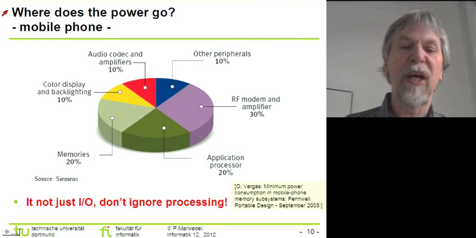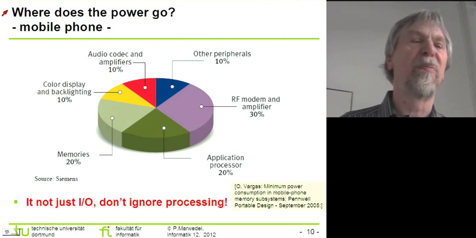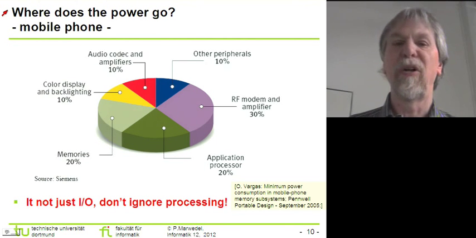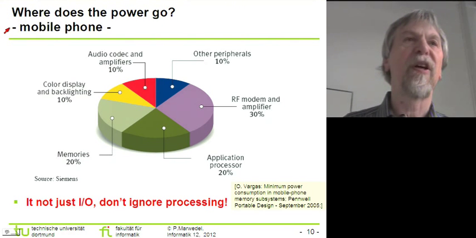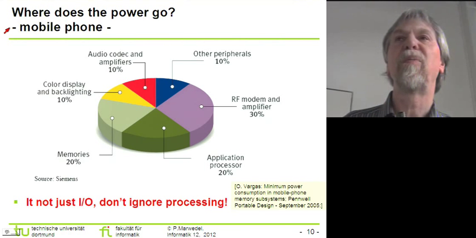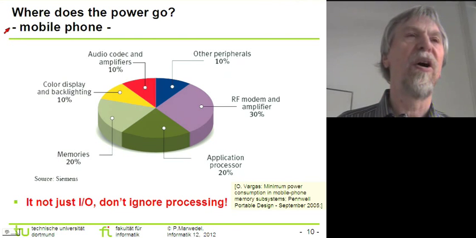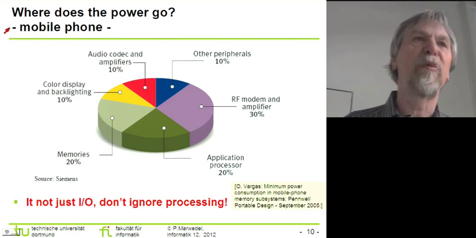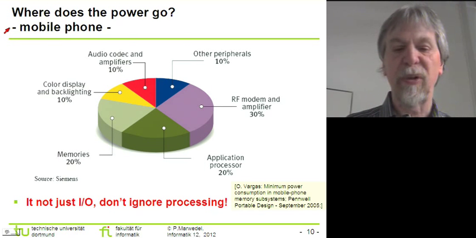Before we do this, we have to watch carefully where the power is actually consumed, because we would not like to optimize in an area which overall is not that important. When we look at a mobile phone as an example, we might have the impression that a lot of the energy is spent on the display, on the RF part, maybe on the audio part, and that processing is not that important.